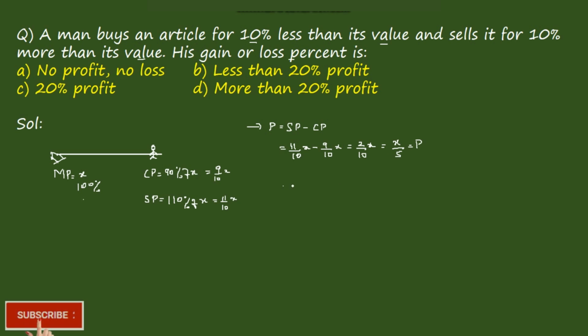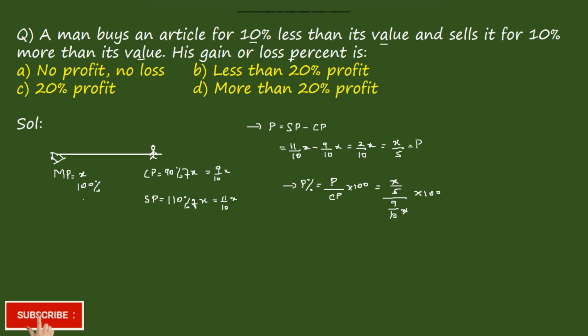We have to find it in terms of percentage. Then profit percentage is equal to nothing but profit by cost price into 100, right? Your profit is given as nothing but X by 5, by cost price, which is nothing but 9 by 10X, into 100, right?